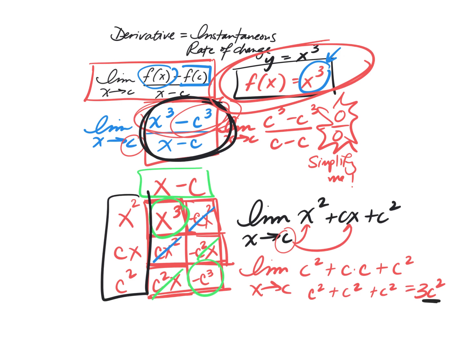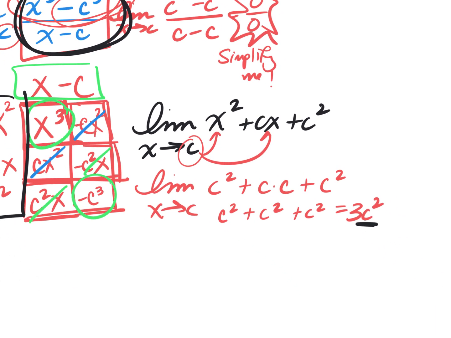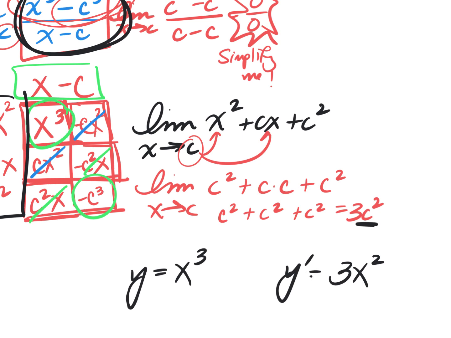The derivative at any constant is 3 times the constant squared, right? Now, let's say we don't know what the constant is. We can put x in its place. It's 3x squared. So when I started with x cubed, my derivative, notice the notation right here, that's the symbol for derivative, is 3x squared.